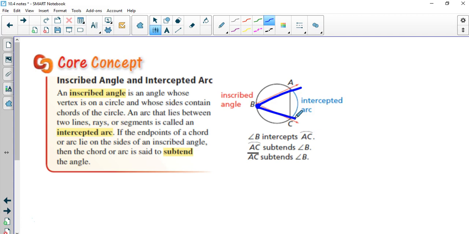It's the middle letter. So angle B is the inscribed angle because B is on the circle edge, and AB and BC are both chords. Now, the arc that connects A and C is called the intercepted arc.